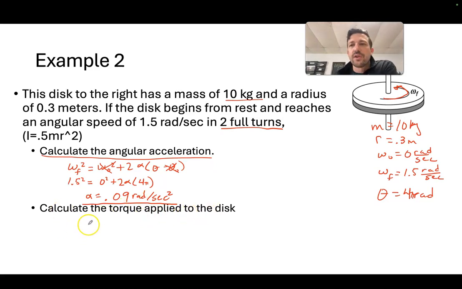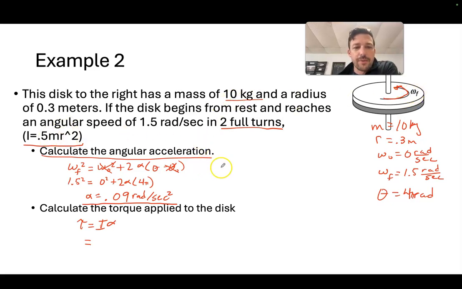Torque, remember, is going to be moment of inertia times angular acceleration. Our moment of inertia, we don't know that right now, but we can calculate it. They even told us how to calculate moment of inertia for a solid disk.